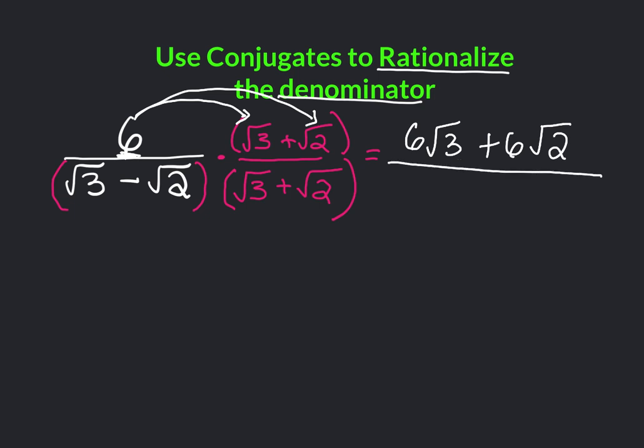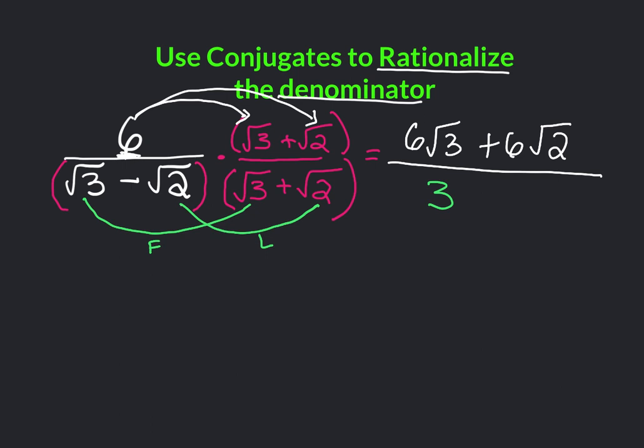Okay, on the bottom, we would FOIL. But what we just found out, FOILing, you only have to multiply the first terms and the last terms. The outside and the inside will cancel. And watch, square root of 3 times the square root of 3, that's just 3.